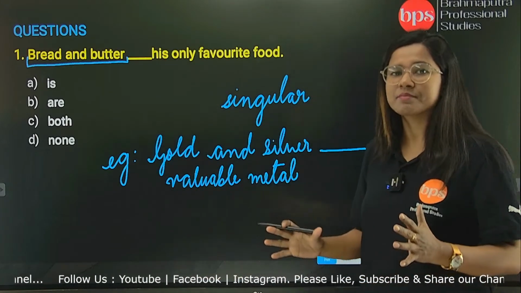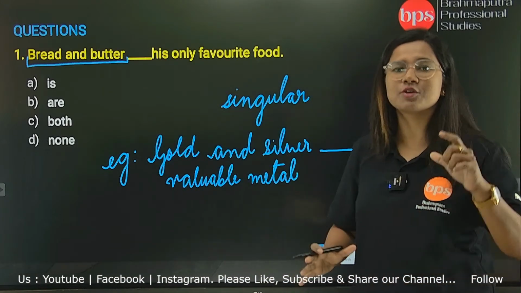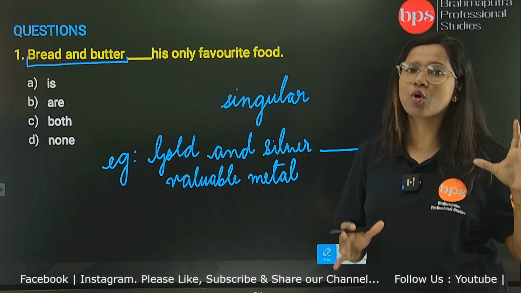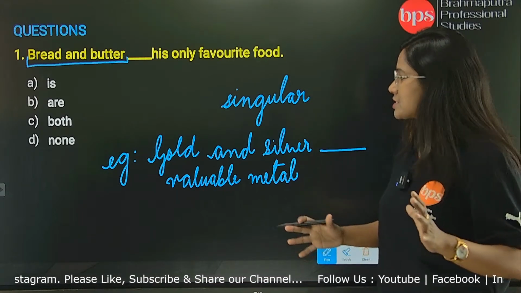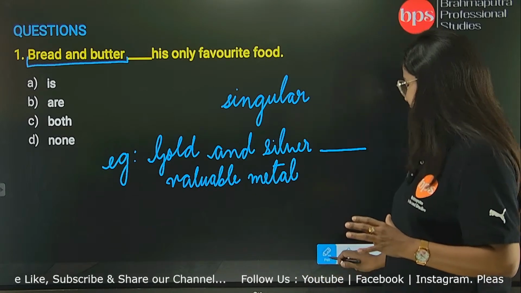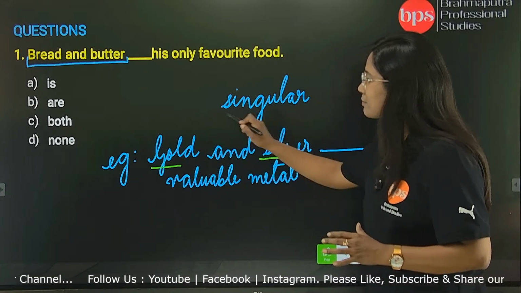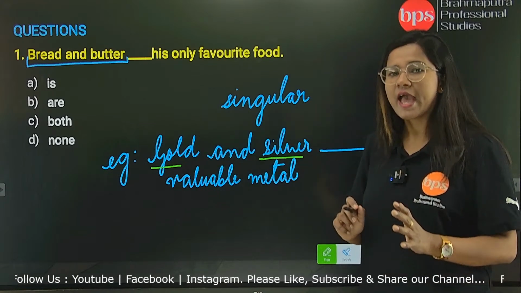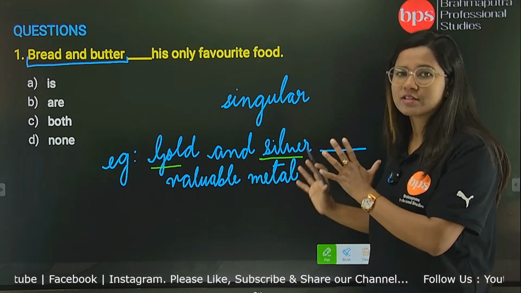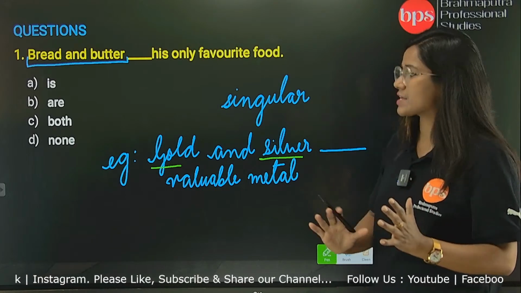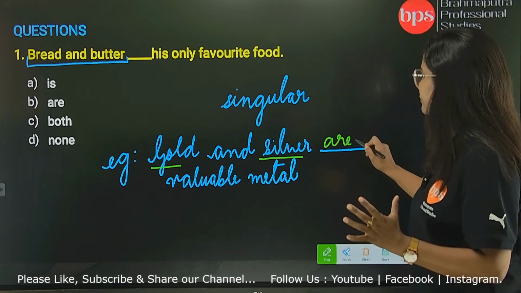Bread and butter gives us the notion of a singular concept or a singular idea. But gold and silver here refers to two metals connected by the conjunction and. And when it is connected by and, we refer to the plural sense, and here are will come.